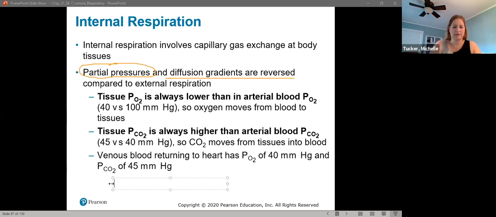At the tissues, we need to offload oxygen and accept CO2.